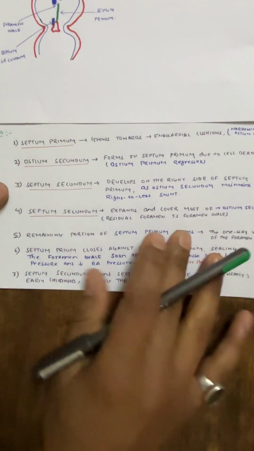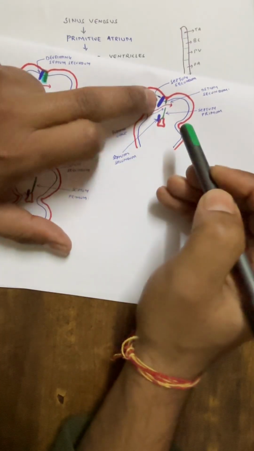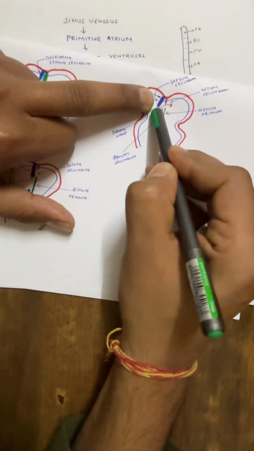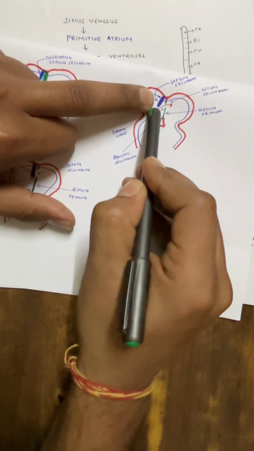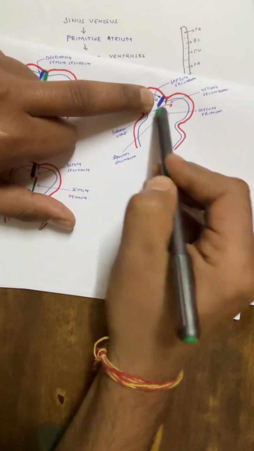Now the third thing is that septum secundum expands and covers most of the ostium secundum. So this septum secundum is coming downward, it means it is developing and closing most of the ostium secundum, this opening. Okay, this opening is getting mostly closed.